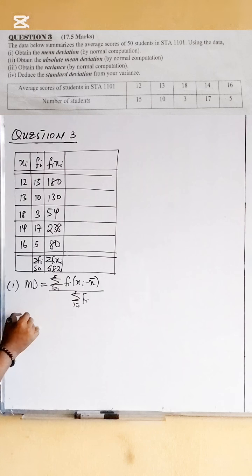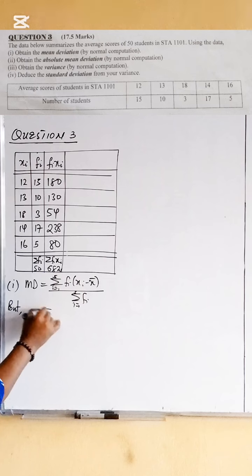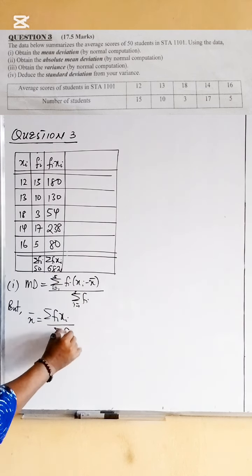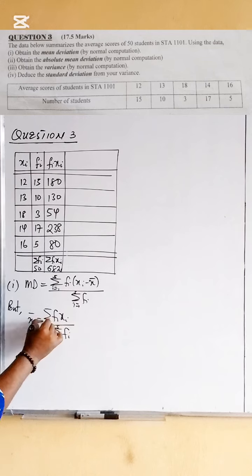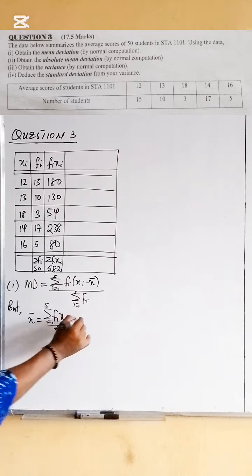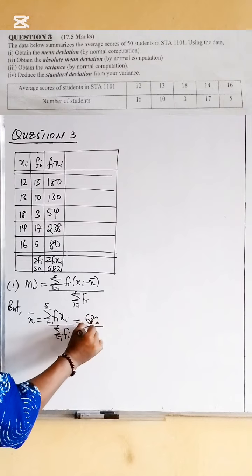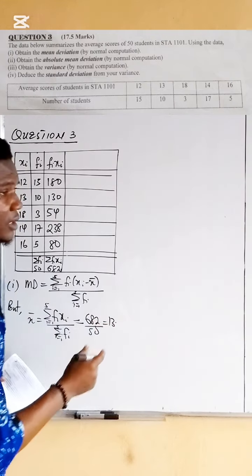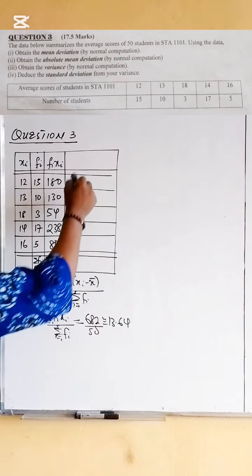Now please take note, x bar is equal to summation fi xi all over summation fi, from i equals 1 to 5. And this will give you 682 divided by 50, which gives you 13.64.